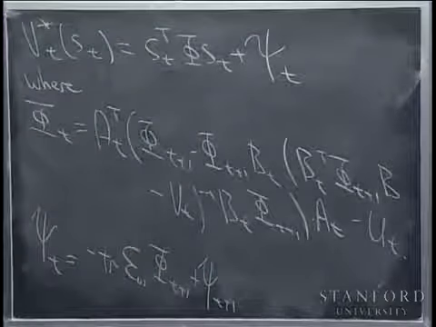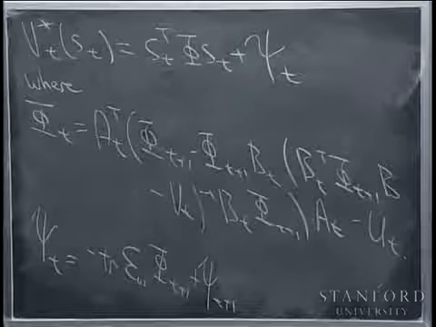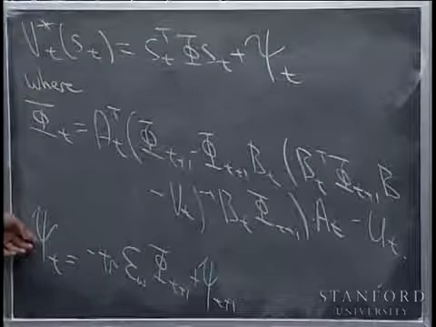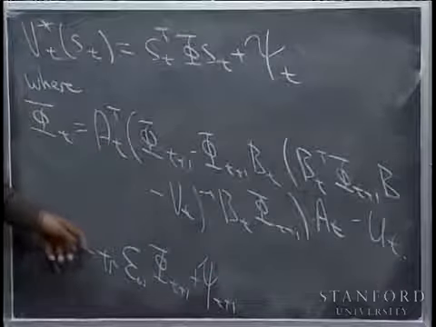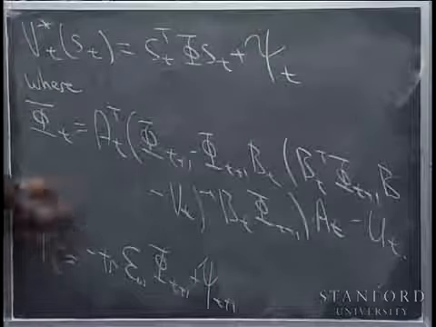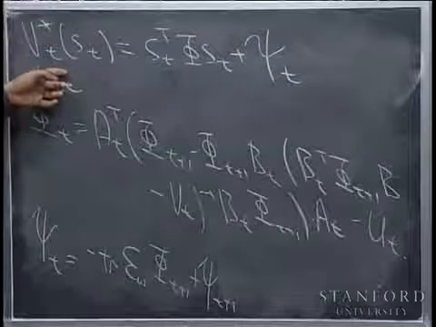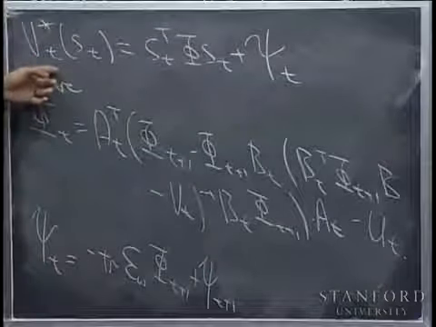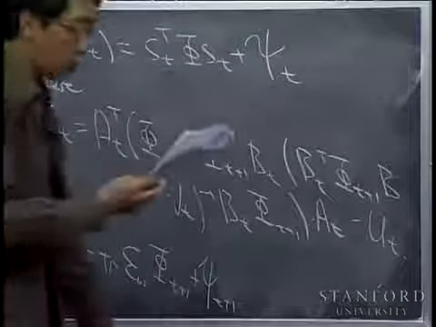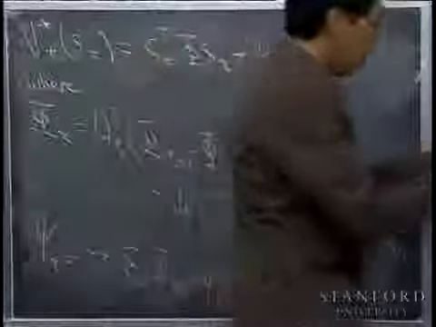What we've done is we've written down a recursion that expresses phi t and psi t as a function of phi t plus 1 and psi t plus 1. This allows you to compute the optimal value function for when the clock is at time lowercase t as a function of the optimal value function for when the clock is at time t plus 1.